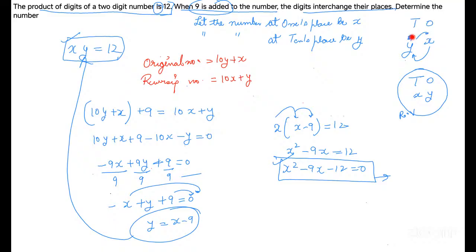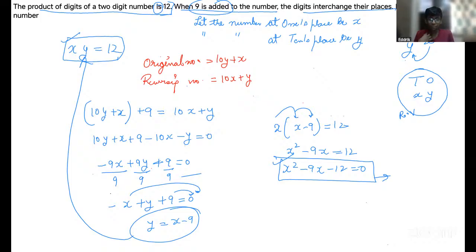Sir, I got 9 minus root of 129 by 2. That won't be correct. Sir, you did it the wrong way. What wrong way, beta? The equation can't be factorized by middle term splitting. 9 and 12. Okay.